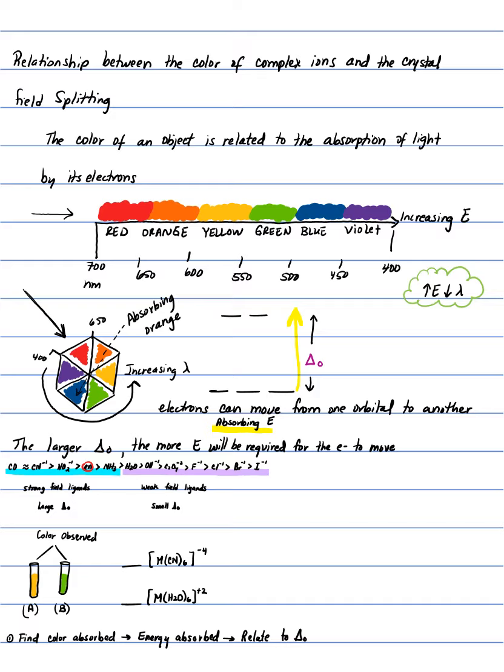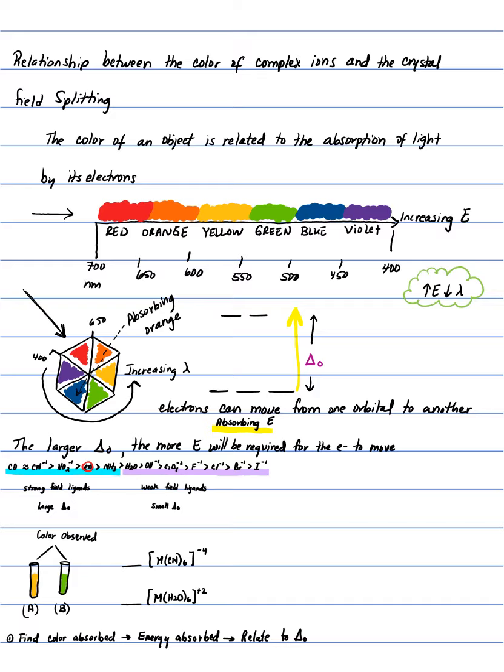So my diagram, the one with the hexagon shape, can actually let you see, depending on the color that you observe, which wavelengths can be absorbed by that solution.